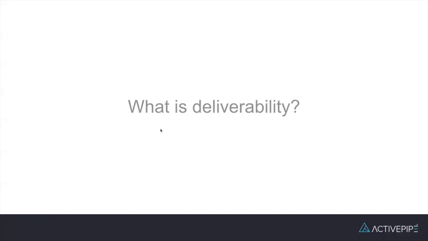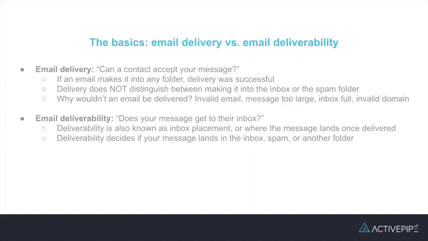All right. So what is deliverability? The first thing that needs to be distinguished is what is and what is not deliverability. There actually is a difference between email delivery and email deliverability.